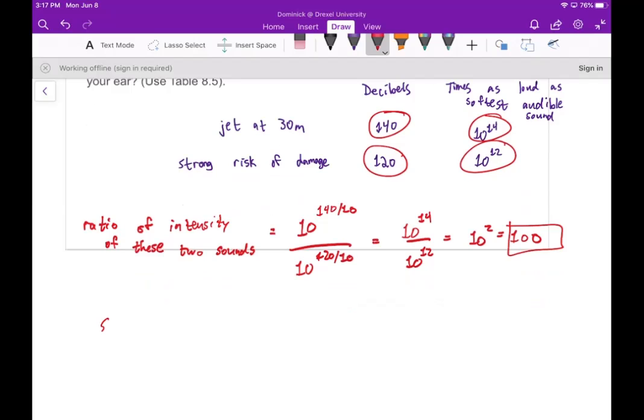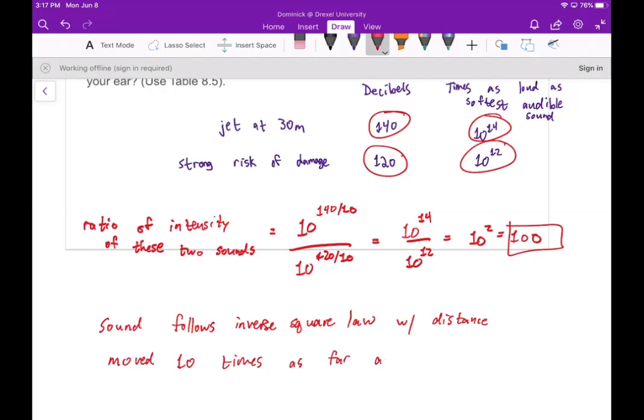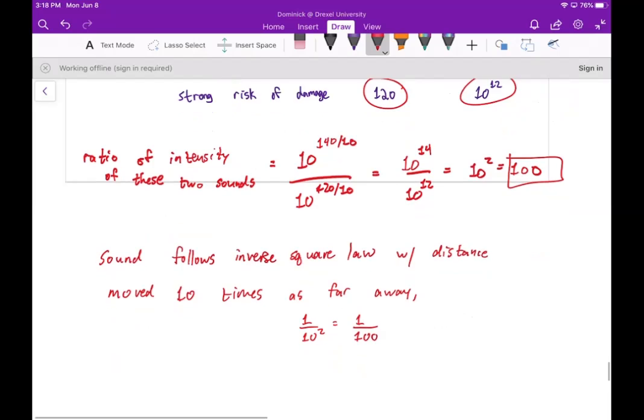Now, because sound follows the inverse square law with distance, if we move 10 times as far away, well, then we would get 1 over 10 squared, which is 1 over 100, which is what we want. So we would need to move 10 times as far away.